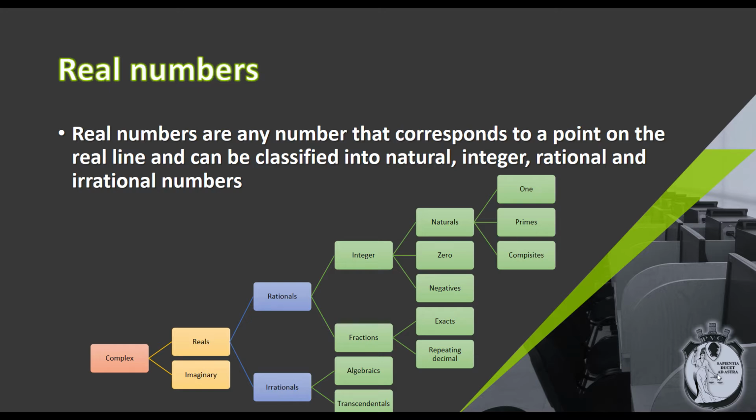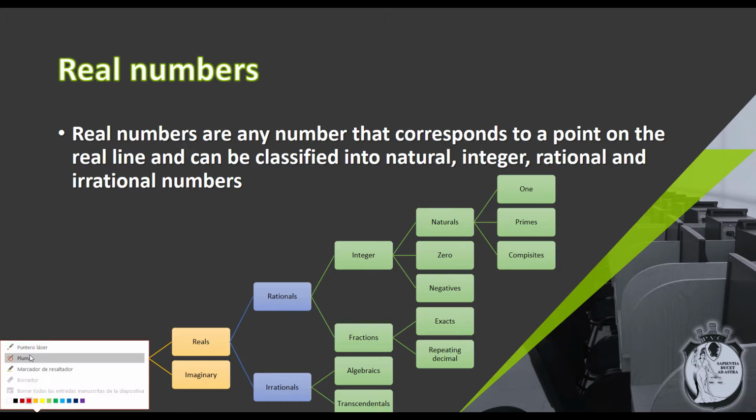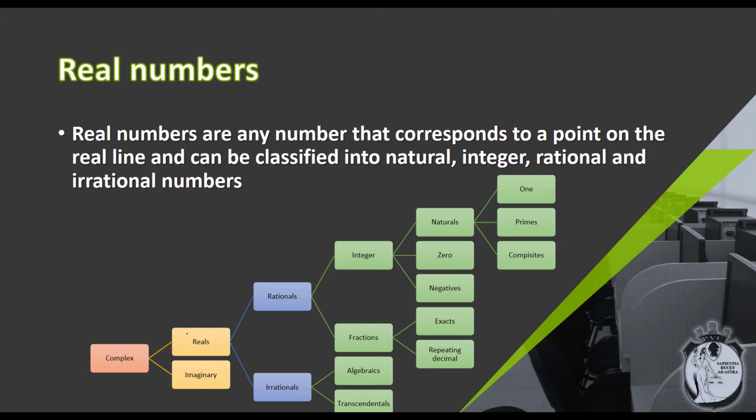A real number is any number that corresponds to a point on a real line and can be classified into natural, integer, rational, and irrational numbers. In that case, you need to understand that we will work here.